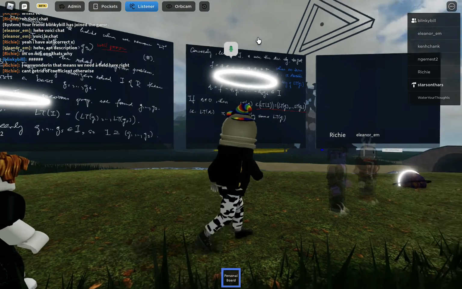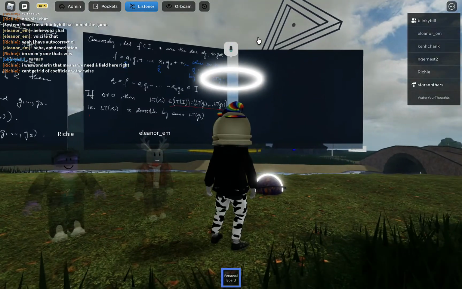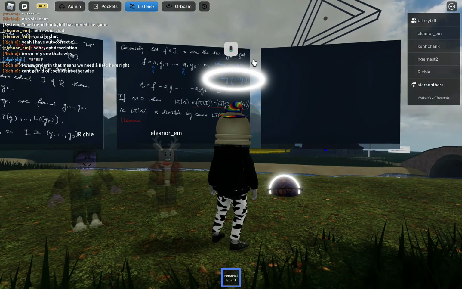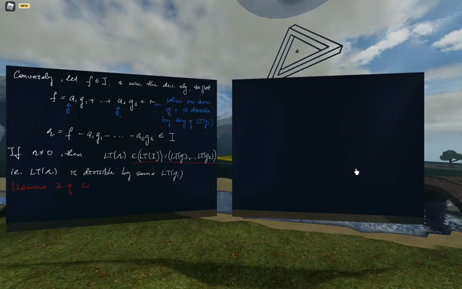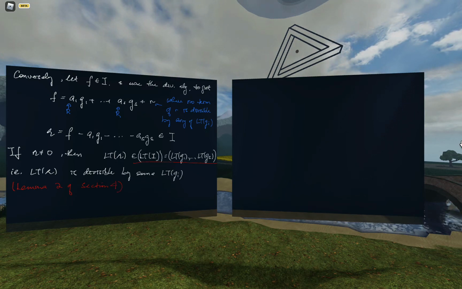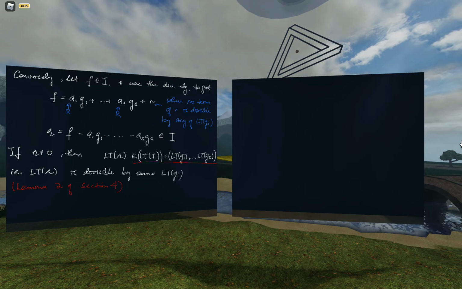So this is cool. Hey, Ken. Yep. Before we said that in general, you only have a subset relation between LT of I and the ideal generated by all the LT GIs. I kind of forget what the condition is that makes this an equality.